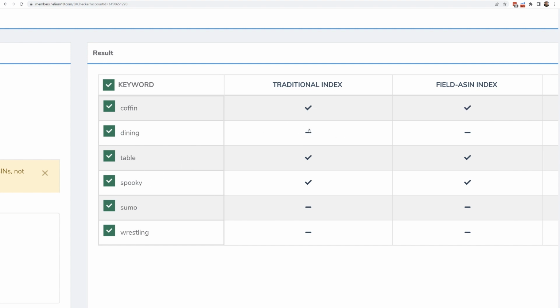And so right here, I can see the reason the full phrases didn't index was because of dining, sumo, and wrestling. So what I now know I need to do is take these words and figure out how to get them into my listing. Then just by adding these 3 words, all of a sudden I'm potentially going to be able to index for those full phrases.